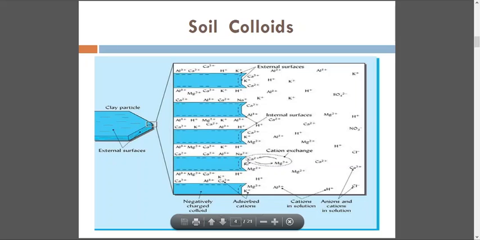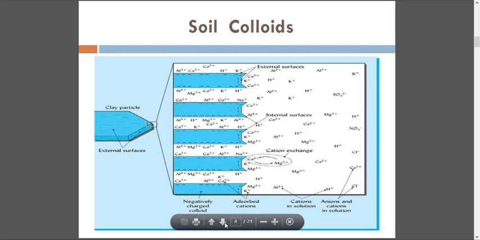For example, calcium exchanging with magnesium, and we call that cation exchange. These particles keep on swapping places with other cations of the same charge, mainly because they are loosely attached on the surfaces of the colloids. This attachment is called adsorption. So we call these adsorbed cations, or in case negatively charged ions are attracted to a positively charged surface, we call them adsorbed anions.